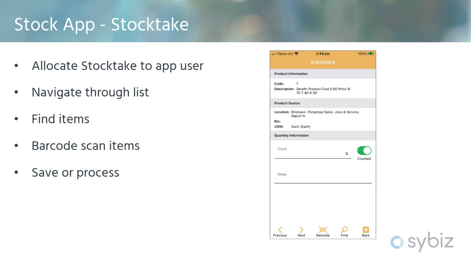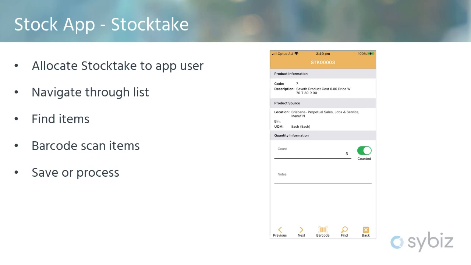And as far as the performing of the Stocktake is concerned, again, we recommend that you do allocate the Stocktake to the user that you want to perform that Stocktake. But they do have the ability to pick up the unallocated Stocktakes as well. It could be simply just navigating through the list.